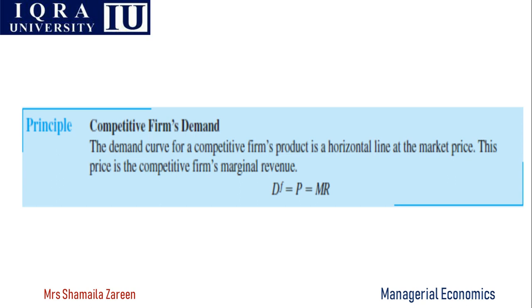This is the main principle for competitive firms. The demand curve for a competitive firm's product is a horizontal line at the market price. This price is the competitive firm's marginal revenue. This demand curve equals the price, which is average revenue, and that equals marginal revenue.